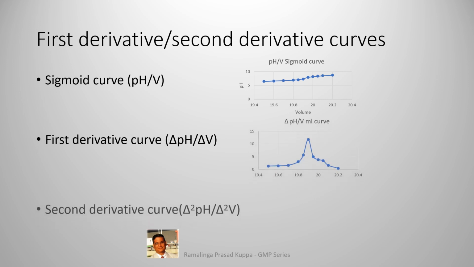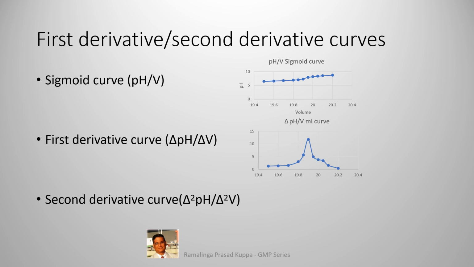In the second derivative curve, that is delta second pH and delta second volume, you again get a curve like this. In this also the endpoint detection is easy. Sharpness of the endpoint detection is better than sigmoid graph in both first derivative and second derivative curves.